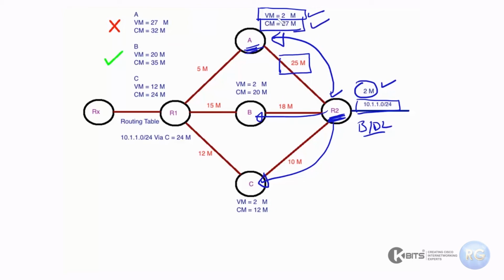You understand how I got these? This is what R2 advertised to me. This is what I determined as my cost to 10.1.1.0. Because his cost is 2, my cost to get to him is 25, so my total cost is 27. Agreed?